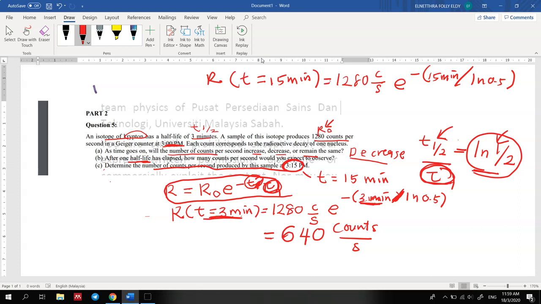So the decay constant is still similar to the original one, so I can still use ln 0.5. By substituting everything into your calculator, you're supposed to gain this answer, 40 counts per second. So this is the answer for question C. Now that's it for question number 5.